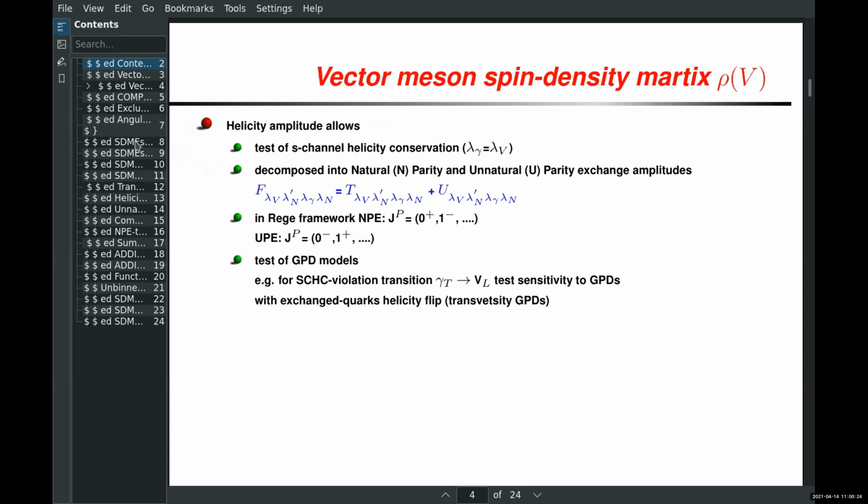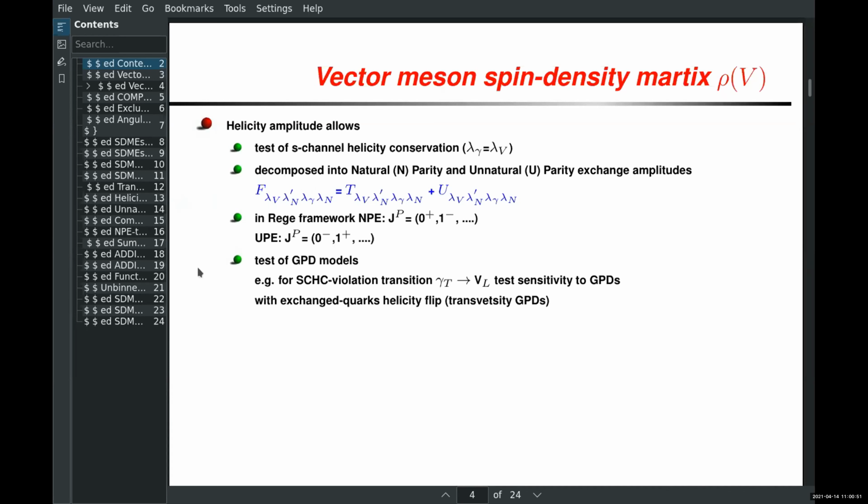An important piece of information is that the total amplitude is a sum of two amplitudes, one which describes natural parity exchange and a second which describes unnatural parity exchange. For example, in the Regge framework, natural parity is described by spin and parity.